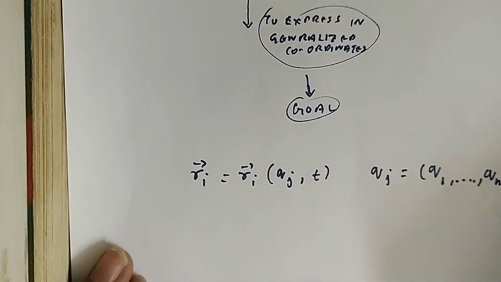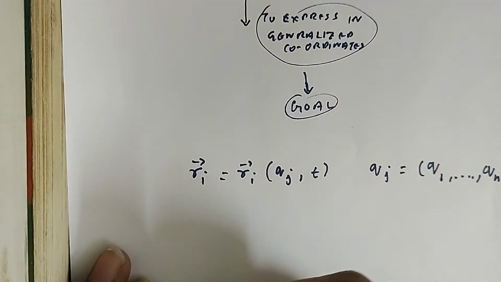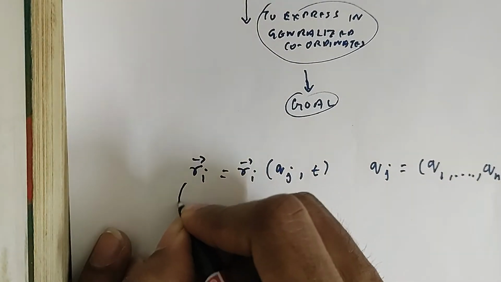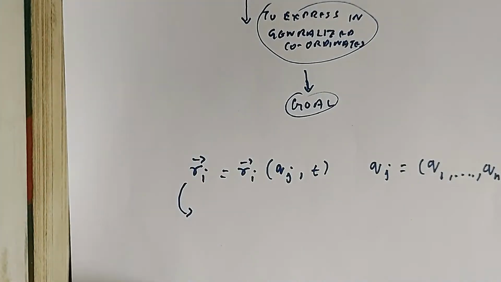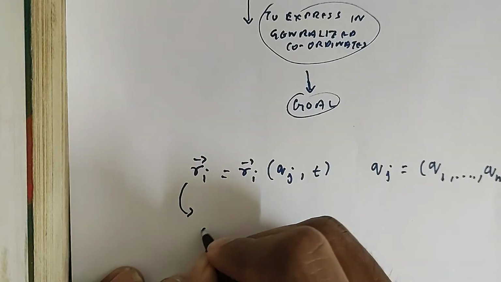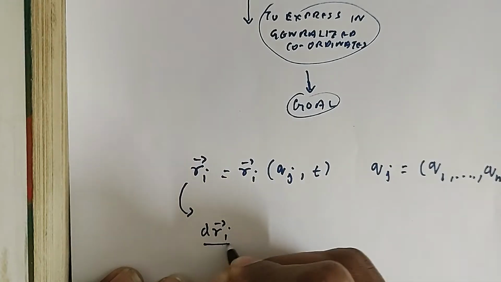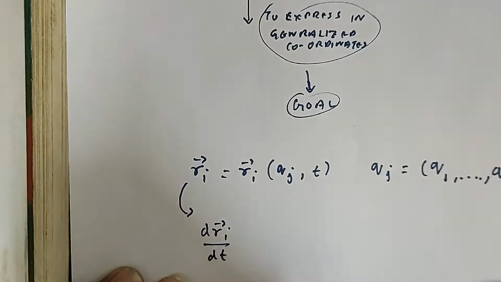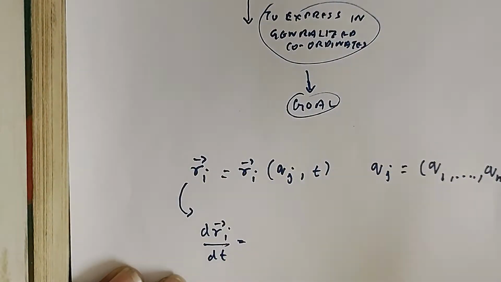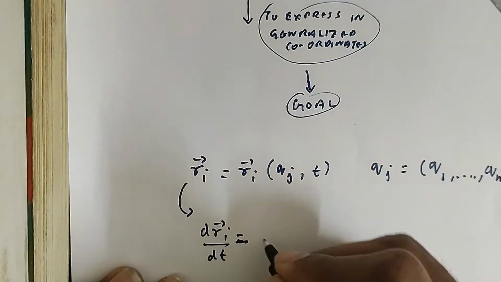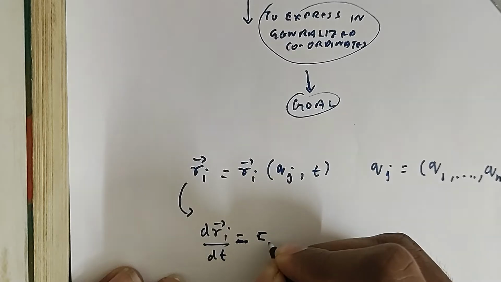So now I can construct a differential expression of the velocity, dr_i vector upon dt, and we have done this plenty of times before, so I'm just going to go ahead rather than explaining it.